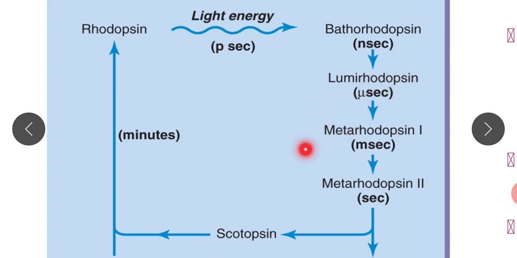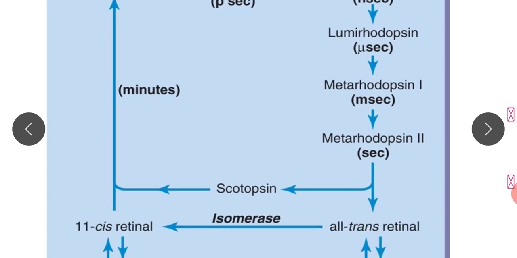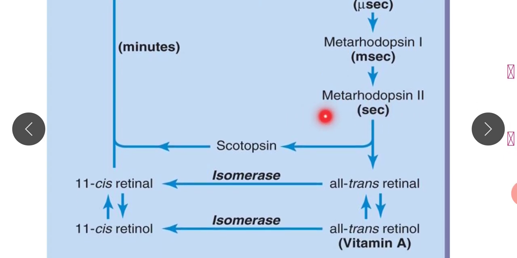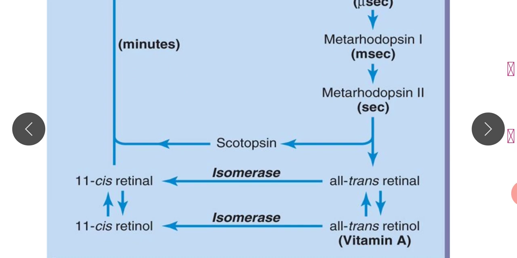Within a microsecond, it is converted into metarhodopsin 1 and then into metarhodopsin 2. This metarhodopsin 2 is also known as active rhodopsin, because it is this active form of metarhodopsin 2 that is going to stimulate several enzymatic systems within the rod, and these enzymatic cascades are going to form the receptor potential.